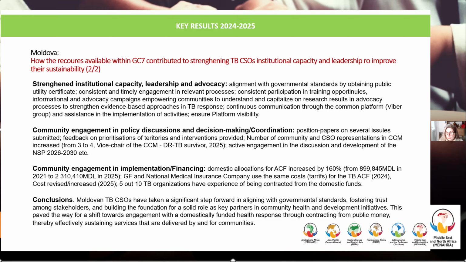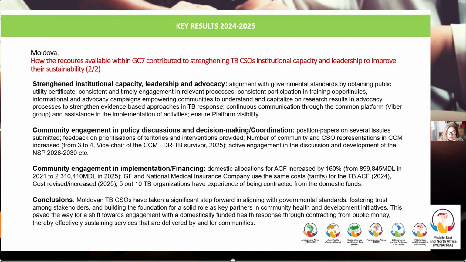We need to see what is in place. We need to respect the standards of the country. Therefore, every organization which wants to be contracted from the national funds has applied to obtain this utility certificate. This is a necessary obligation for the organization to work.